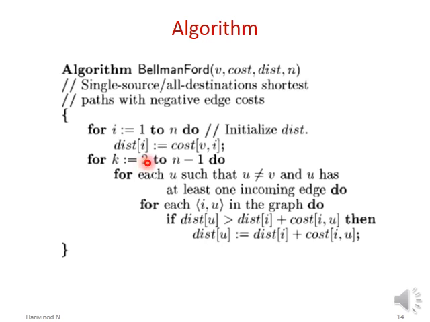For k is equal to 2 to n minus 1, so we repeat in total n minus 1 number of times.